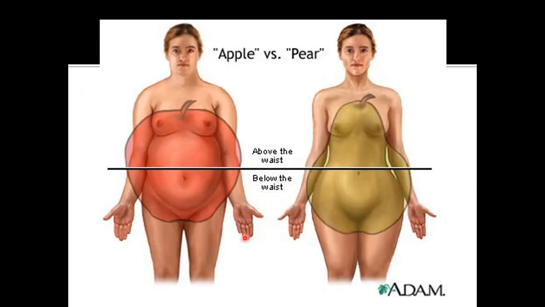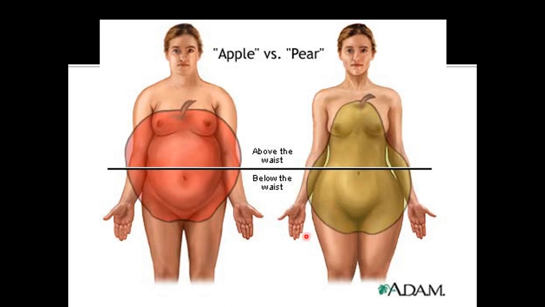So you might also be familiar with the different body shapes, apple shape versus pear shape. Apple shape is more of an abdominal obesity. And we see this occurring with folks that are consuming too many calories for what their body requires, and so those extra calories get put away in the abdominal fat.